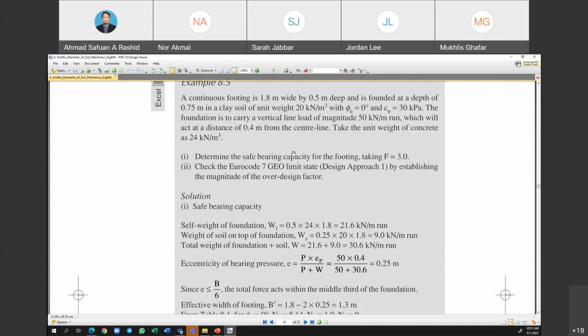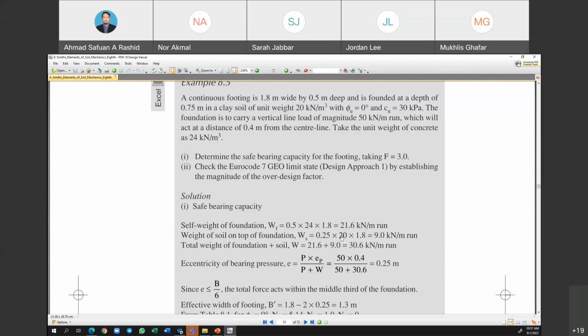The soil was constructed to 0.75 depth in clay, so after subtracting the thickness of the footing, we obtain a 0.25 thick soil layer.